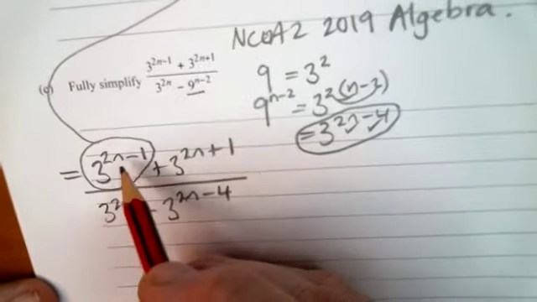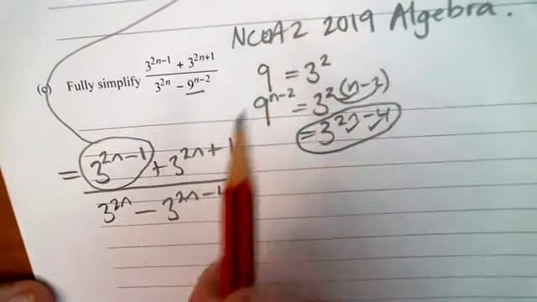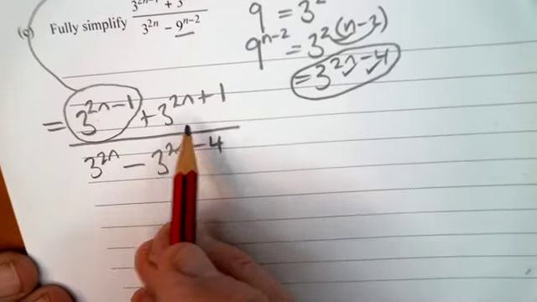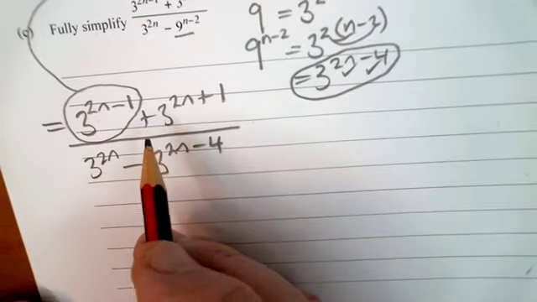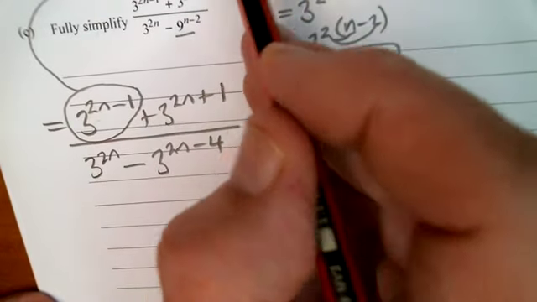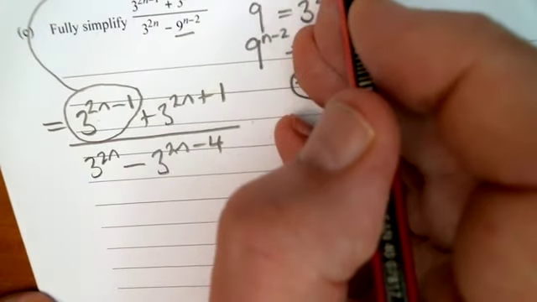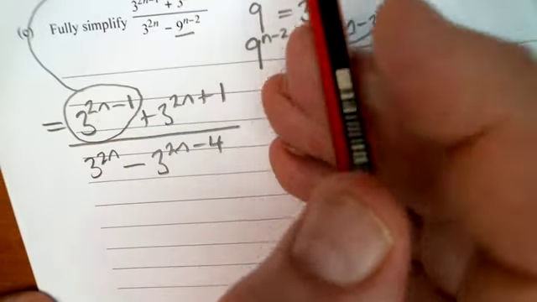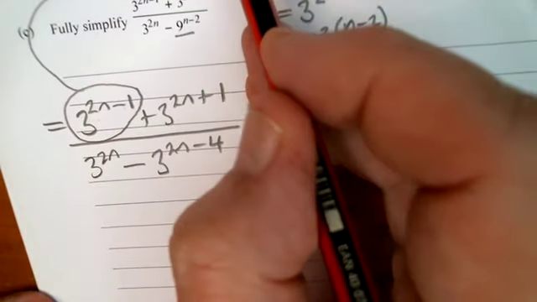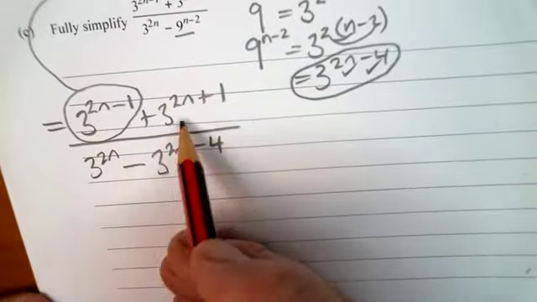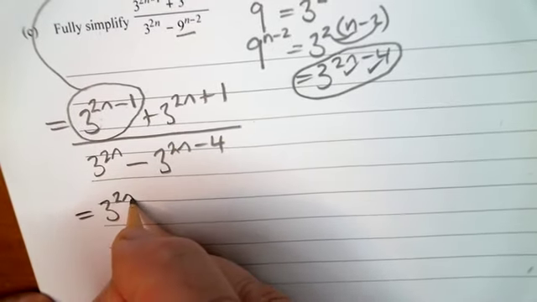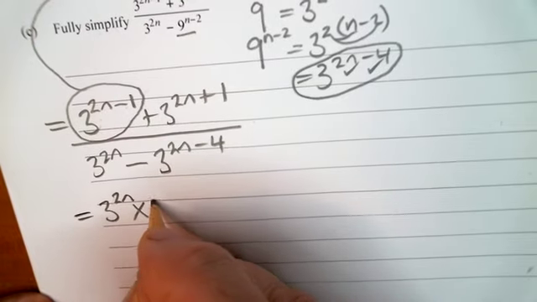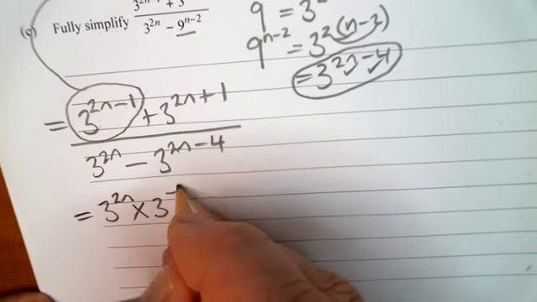So now we're going to turn everything into this form here, because we want to factorize this. The moment we factorize, we can cancel. We're working on the principle that if the bases are the same and they're multiplied, you can add the powers. So let's restate this. This is going to equal 3 to the 2n times 3 to the negative 1.